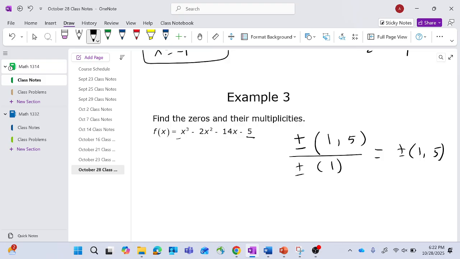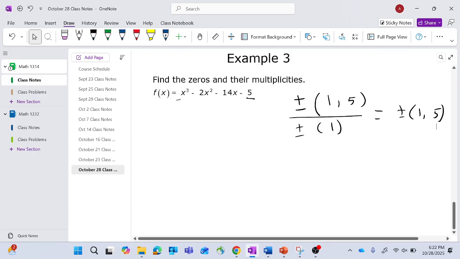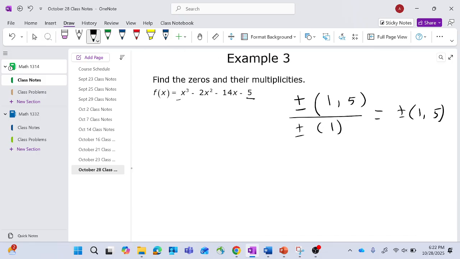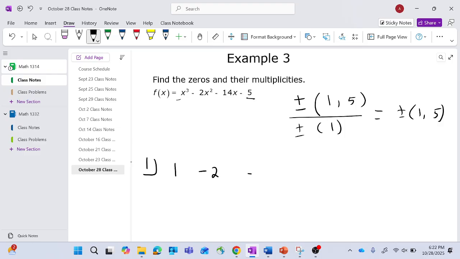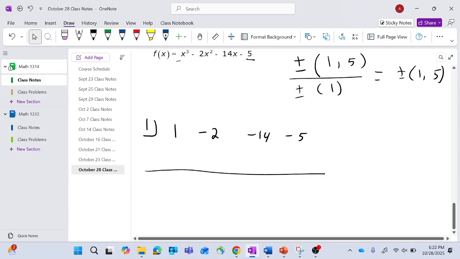What I'm going to do now is synthetic division with these numbers. I'm going to start with 1 because it's the easiest one to do. My coefficients are 1, negative 2, negative 14, and negative 5. And we're going to do synthetic division with this.